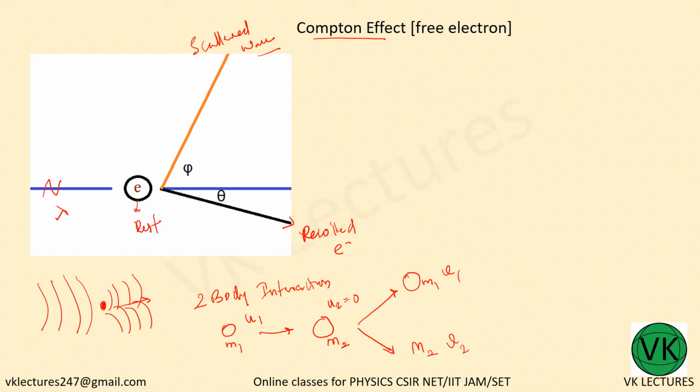Now you know, with momentum conservation and energy conservation, we can find the values of v1 and v2, right? So our Compton effect was similar to the second process, which directly tells us that the wave we are discussing here is a particle.